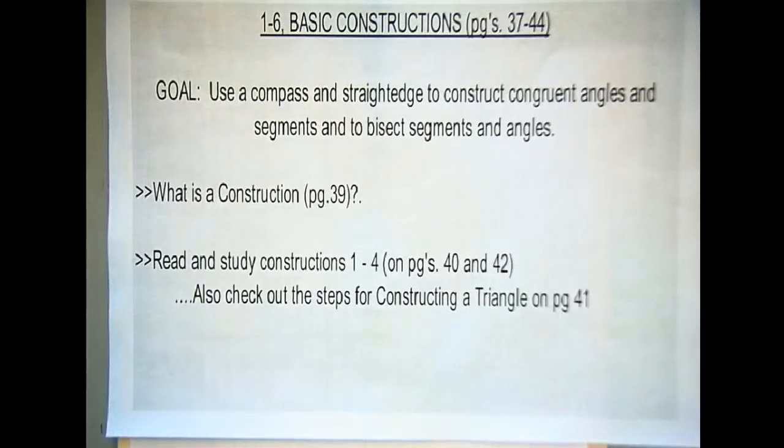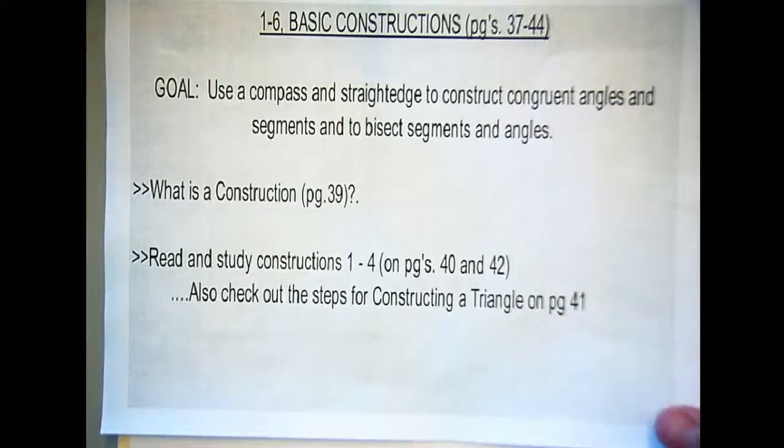We're going to show what constructions are, so I don't need you to define that, but the constructions we're going to go through are on pages 40 and 42. Constructing a triangle is on page 41. So you have your textbook, and you can reference it at home as well if you'd like. Any questions?